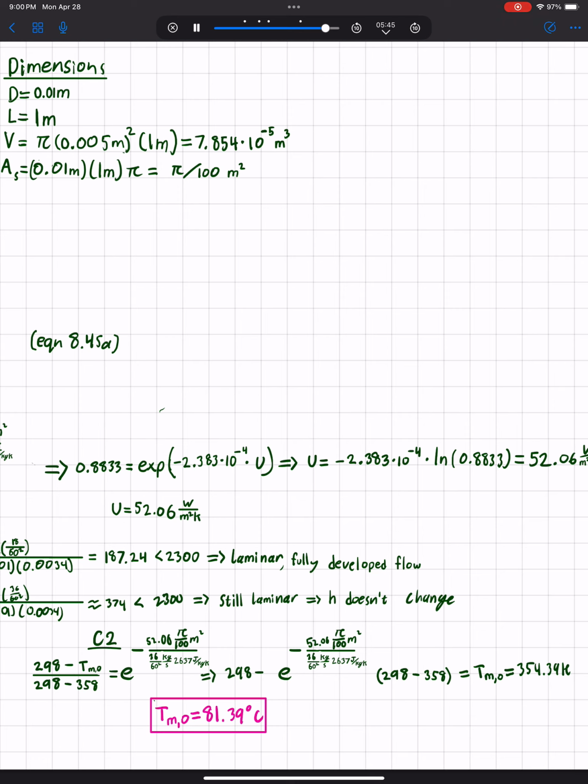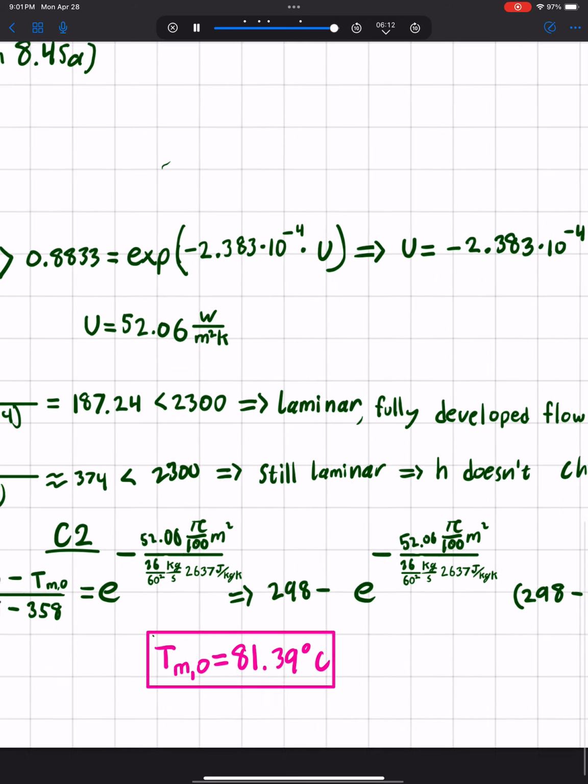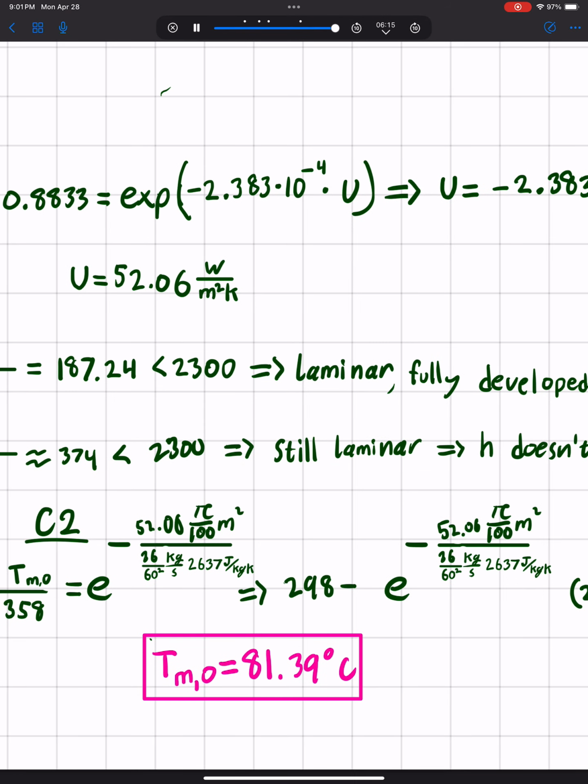You once again just rearrange this equation, and you're going to get that 298 Kelvin minus e to the power of negative 52.06 times pi over 100 meters squared over 36 over 60 squared kilograms per second times 2,637 joules per kilogram Kelvin, multiplied by 298 minus 358 Kelvin, is equal to T_m,o, which is equal to 354.39 Kelvin. So your outlet temperature, when converted to Celsius, is 81.39 Celsius.